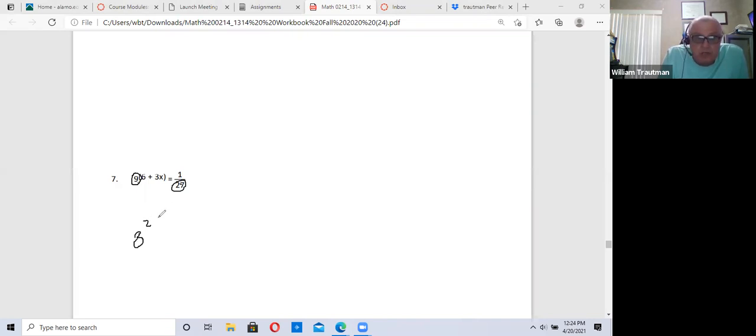You see 3 squared, but there's still a power of 6 plus 3x there. So this is 3 to the power of 2 with a power of 6 plus 3x on the top. 1 over 27 is 3 to the third power. But since we flipped the 27 to the top, you have to put a negative there. That negative says flip it.